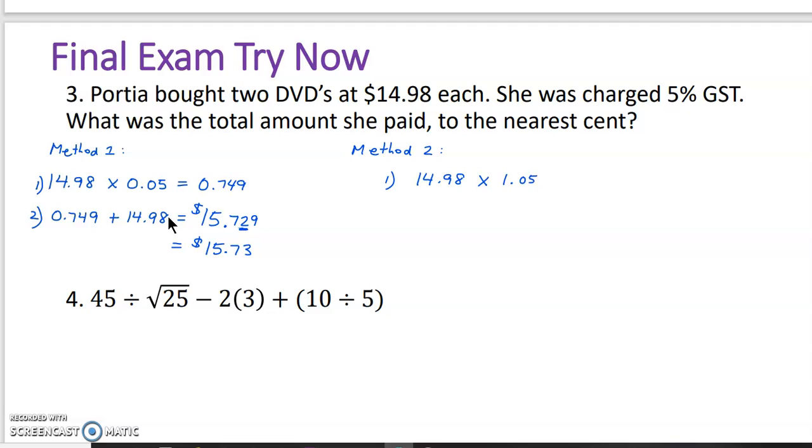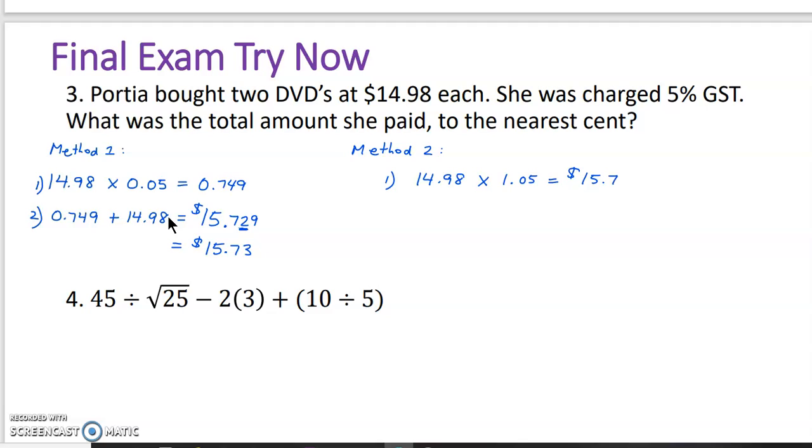That is 105% of the price. 100% of the price is 14.98, like 14.98 times 1, and then the GST is added on. And if we try it on our calculator, it's always good to punch it in one more time, we see indeed we get the exact same numbers.